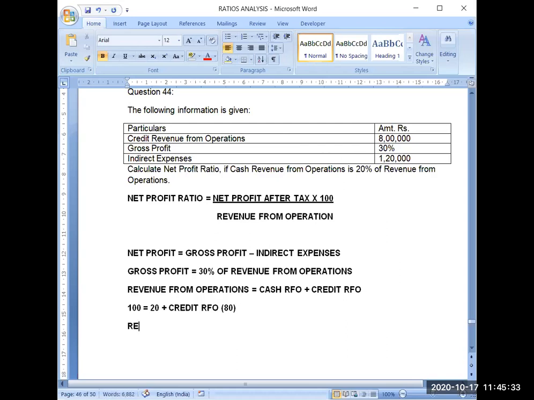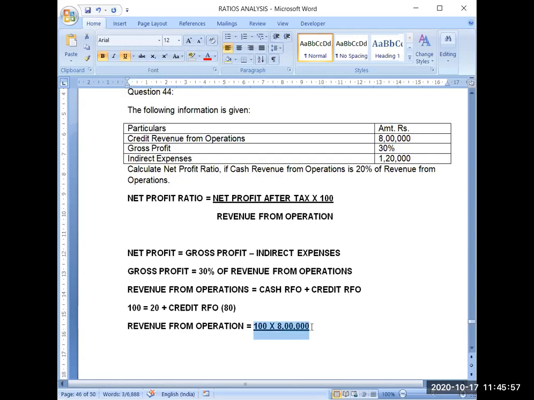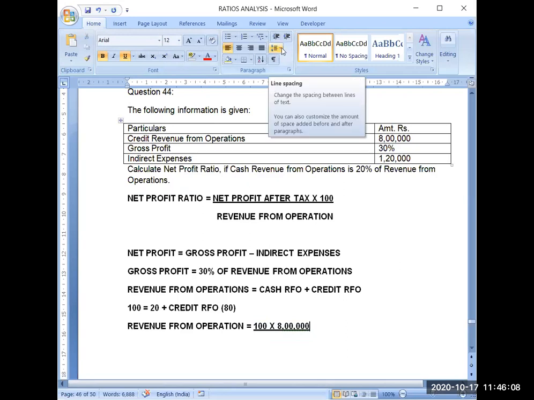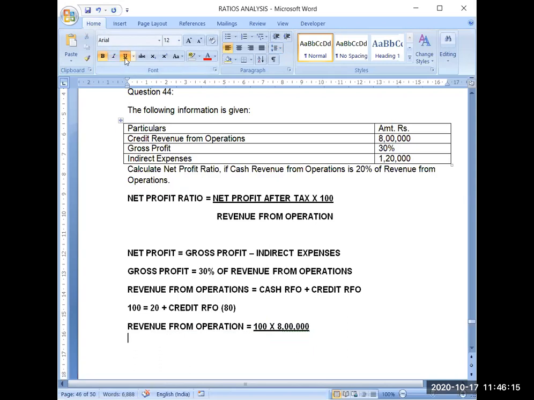So revenue from operation will be equal to 100 multiplied by 8 lakh and divided by 80. It will be done like this.